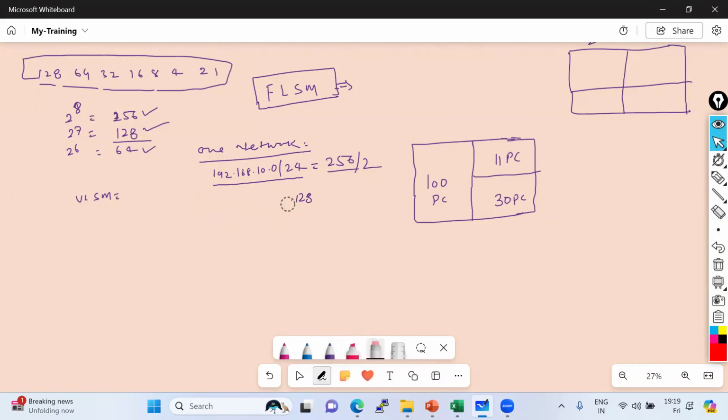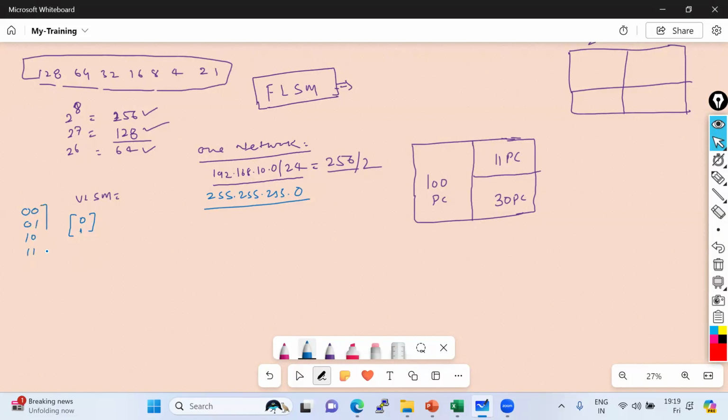So how do we divide that? You just have to divide into two parts. Based on /24, you write the subnet mask, and then divide into two parts. How many bits do you need to change, 1 bit or 2 bits? 2 bits gives 4 networks.